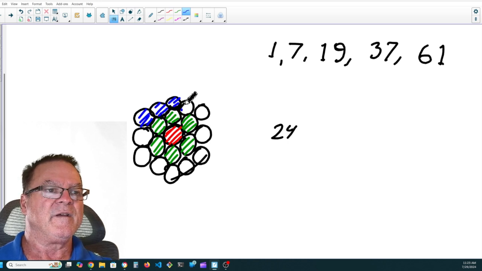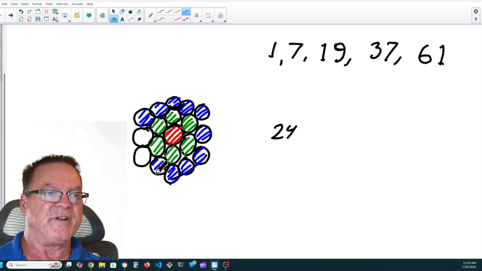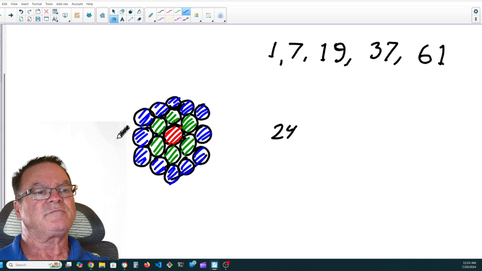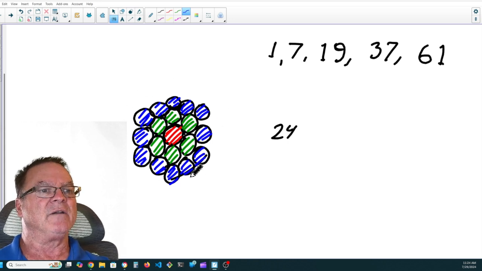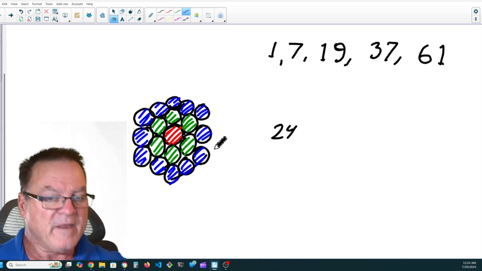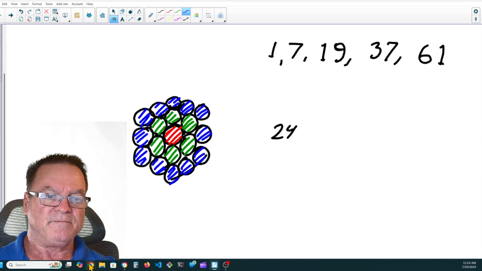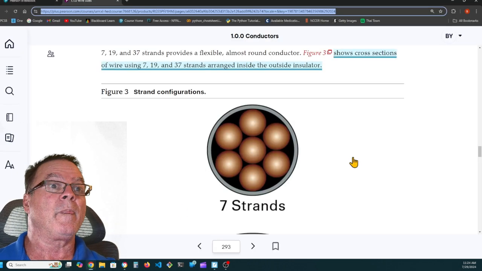And each time we're adding 6, 12, 18, 24. So the next layer would be plus 30. There. It just keeps building out like that. All right, back to the slide.